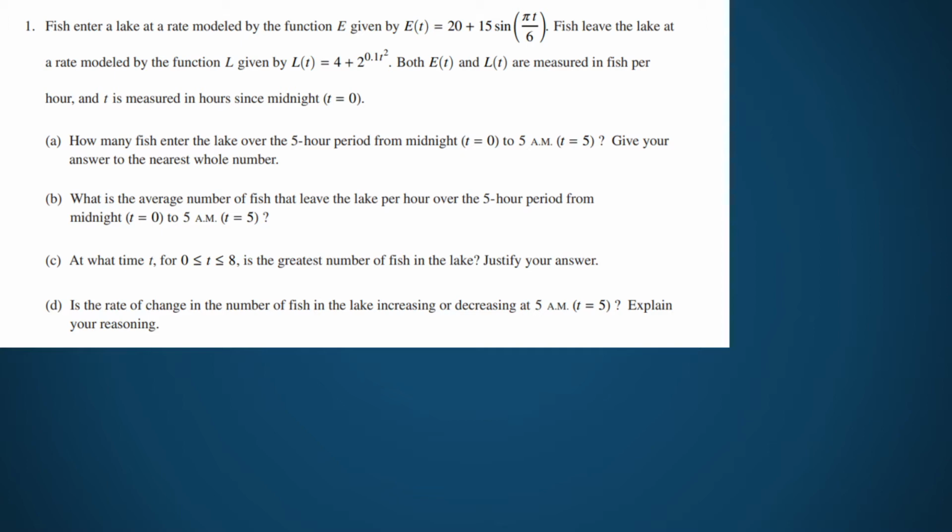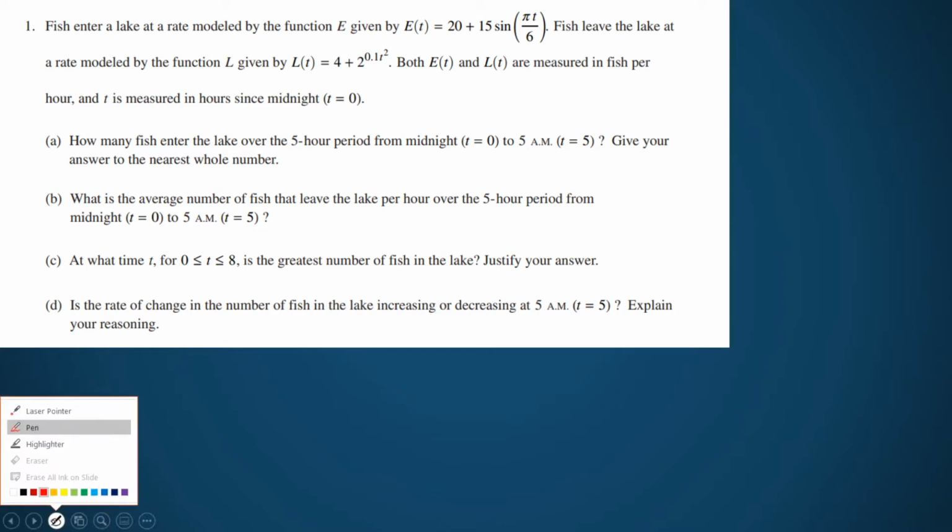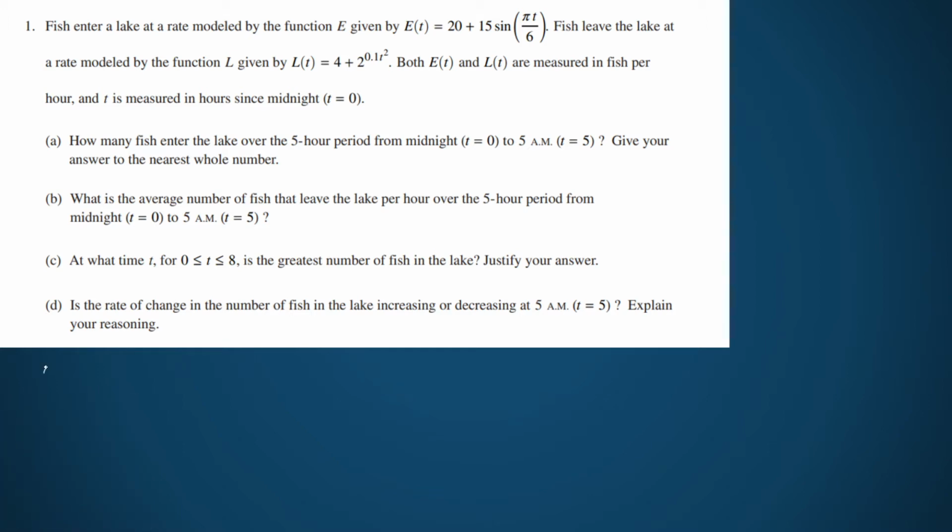I want to know how many fish entered the lake over the 5 hour period from 0 to 5. What do I have to do? That's the integral. Fish enter, so integral of E(t) dt. So we're going to integrate from 0 to 5 of E(t) dt.